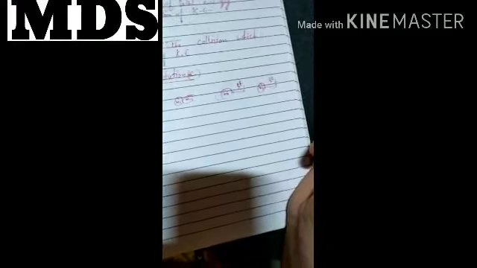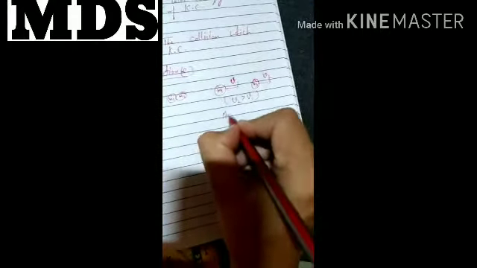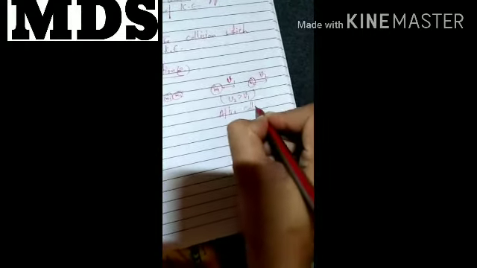Clear? Then we can write that v2 is greater than v1 after collision.